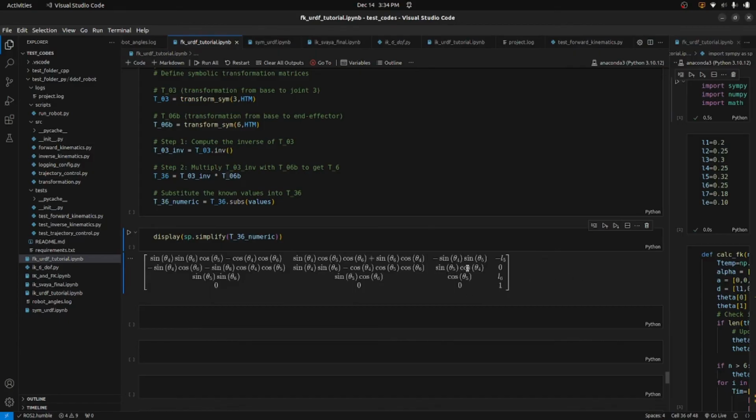Then by comparing this with that value, we can directly find theta 4, and by comparing this with that value we can find theta 6. In this manner we can find theta 4, theta 5 and theta 6. Now we have the complete solution for theta 1 through theta 6, so we can say that we have the complete inverse kinematics.